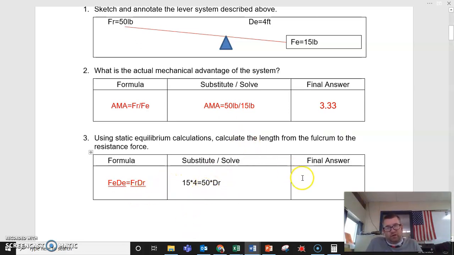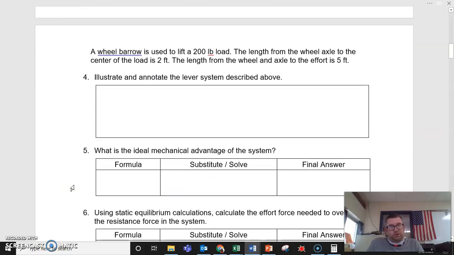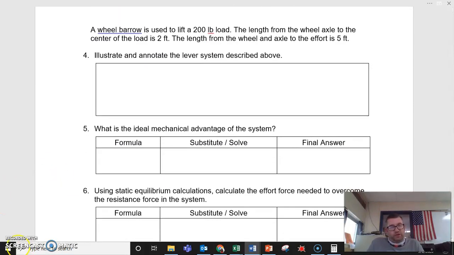So basic algebra tells us that we're going to do 15 times 4, which is 60, and then divide out 50. So you're looking at 60 divided by 50. So your final answer here for DR equals 1.2, and it's a distance, so we'll enter that into feet. So let's move on to our next situation.